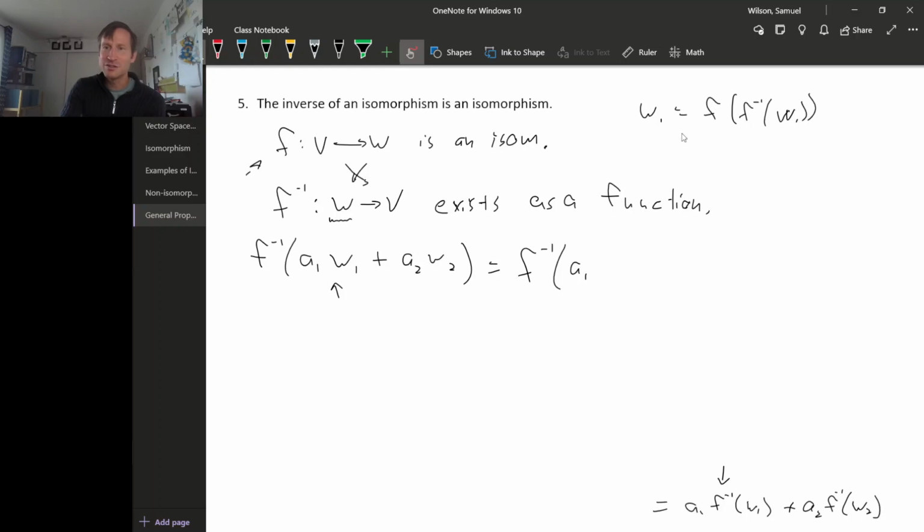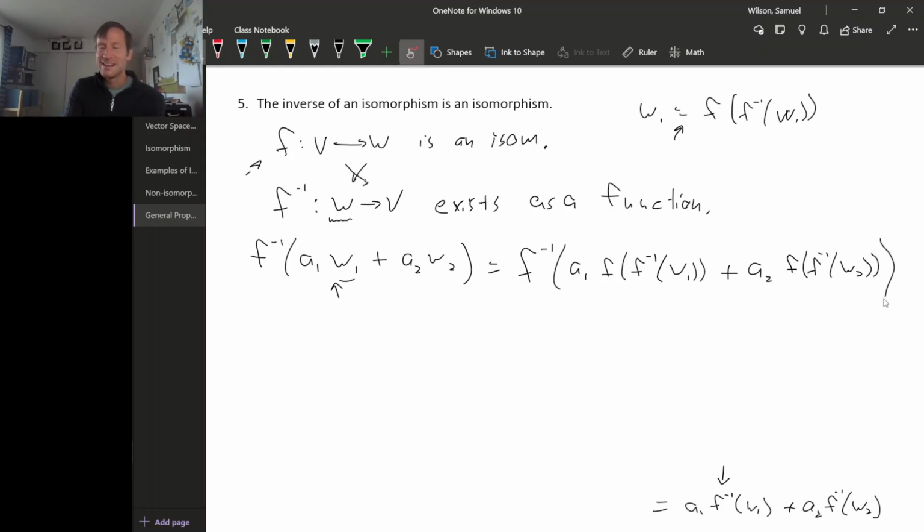Right? This is the characteristic property of inverse functions. If you do one and then the other, you end up where you started. So this w1 right here, we can replace it with f of f inverse of w1. And then we can do the same thing for the second term, a2 f of f inverse of w2.